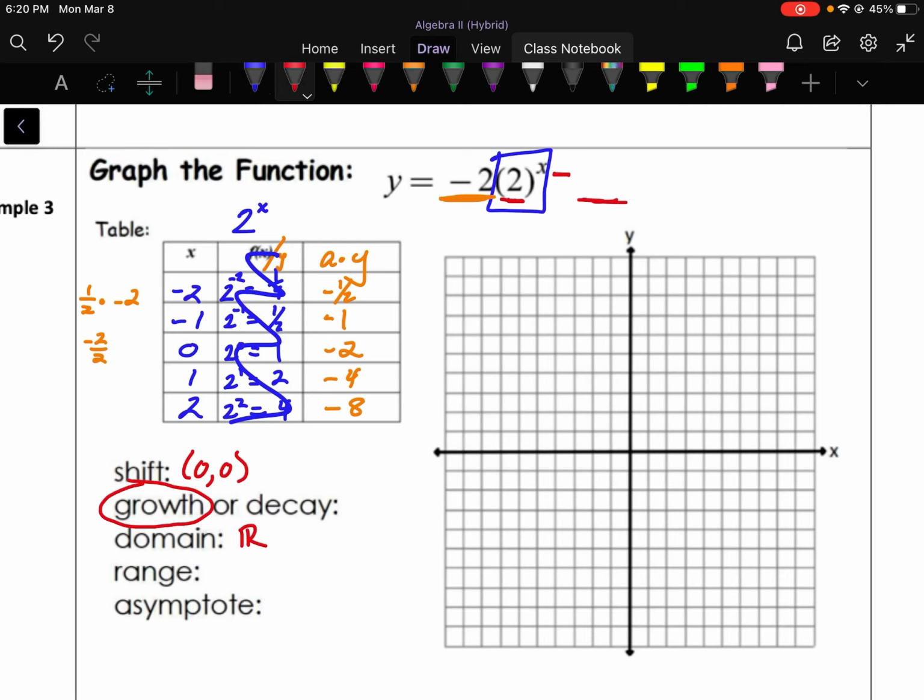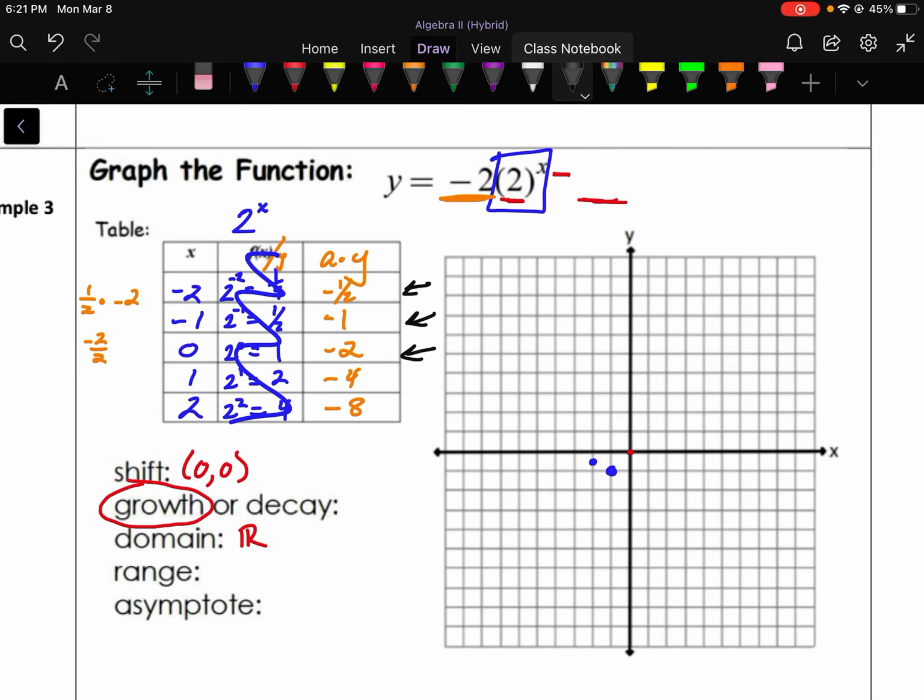And then from our shift, which is 0, 0 here, I'm going to put a point, but it doesn't really affect my graph. I need to plot these points. So from there, I need to go left 2, down 1/4, something like that. For the second point, we're going left 1, down 1. That one's pretty easy to graph.